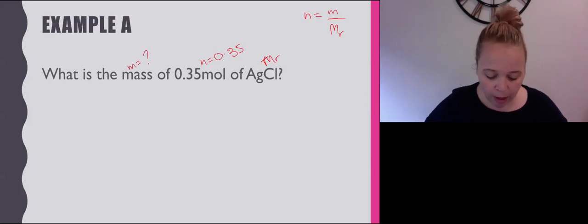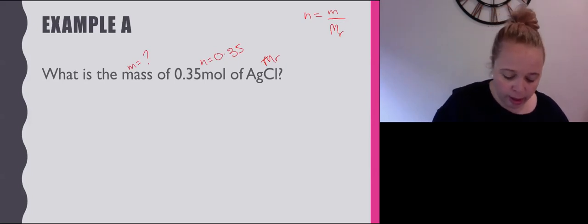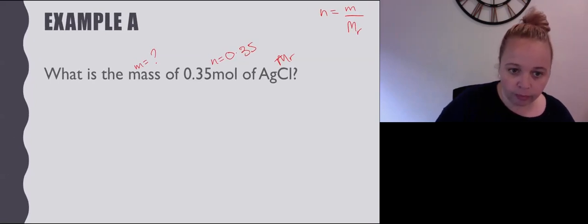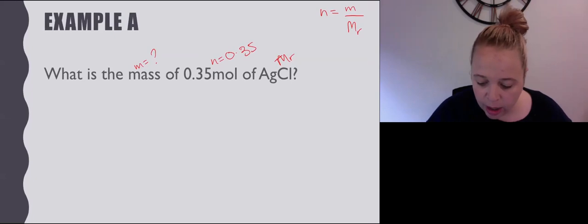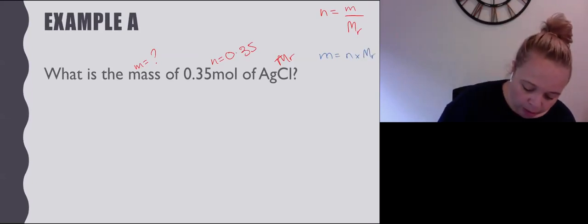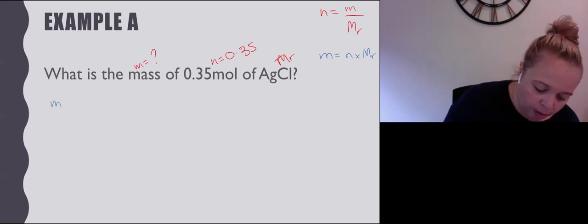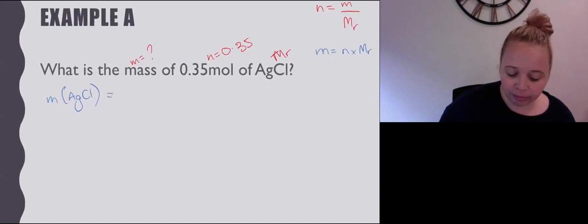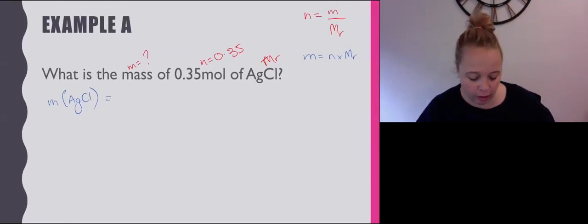So if N equals M over MR, we can rearrange that equation to be M equals N times MR as well. So you can pause this one, give it a go, but we want to know, what is the mass of silver chloride? So give it a pause, and then you can come back. And we're back.